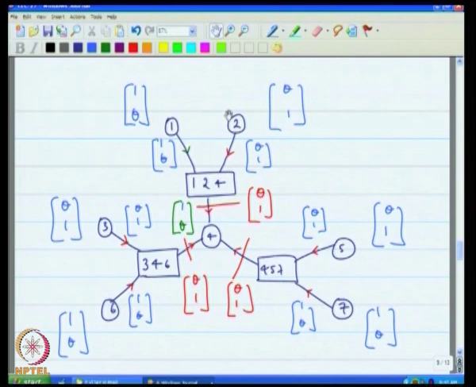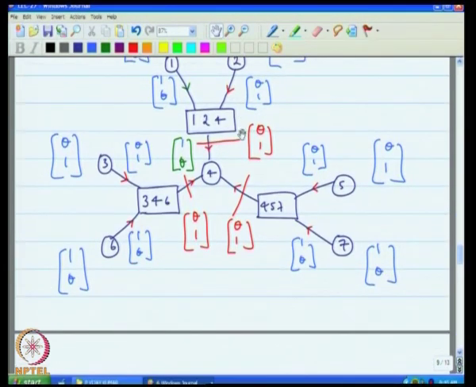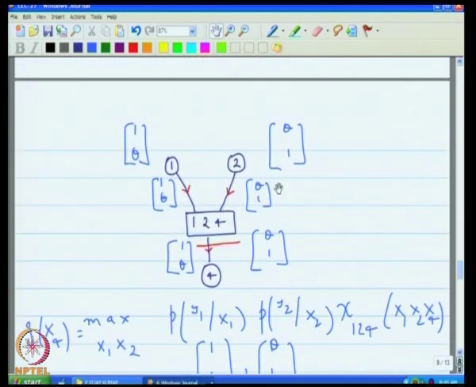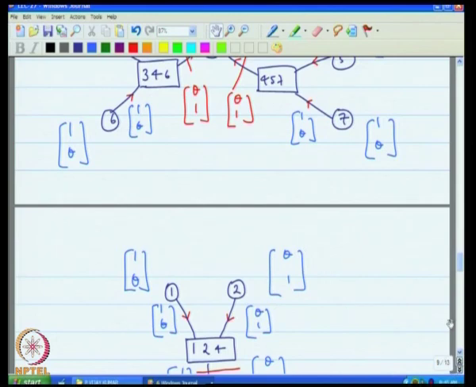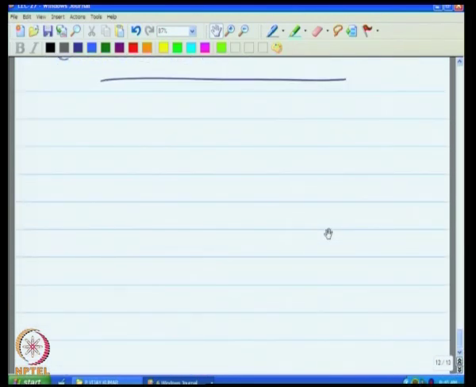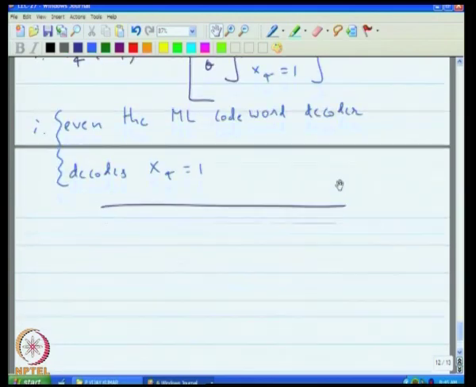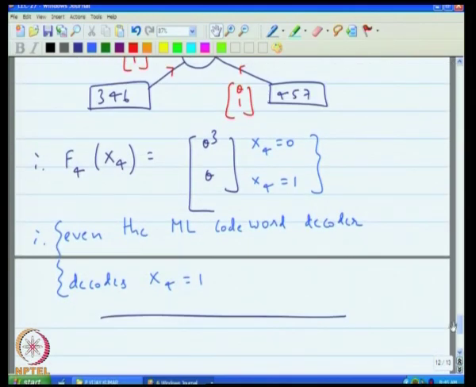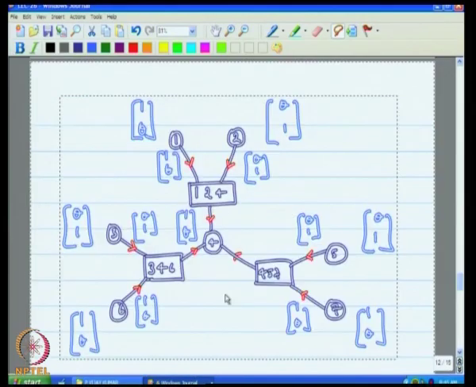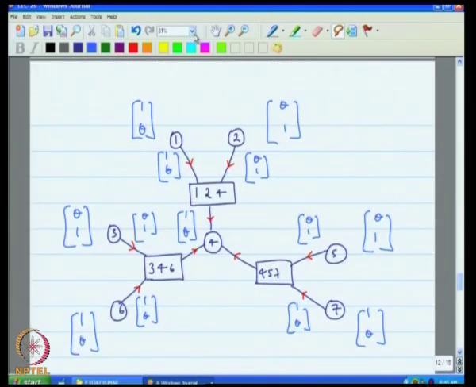Okay, so that is in general what you would need to do. You could keep track of in a sequential message passing procedure. So perhaps I should do this. Let us go back to lecture 26.